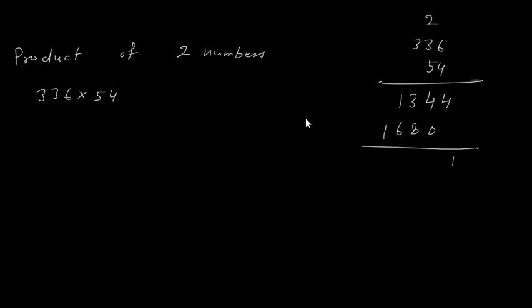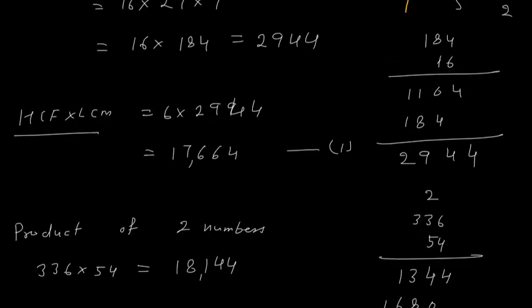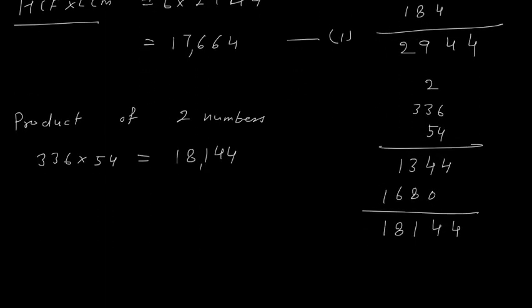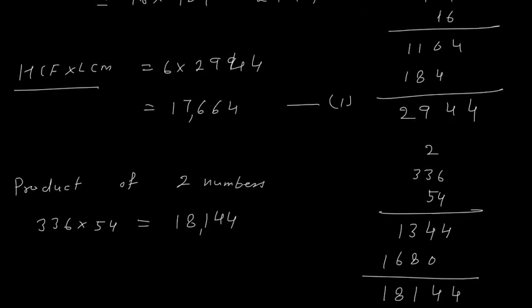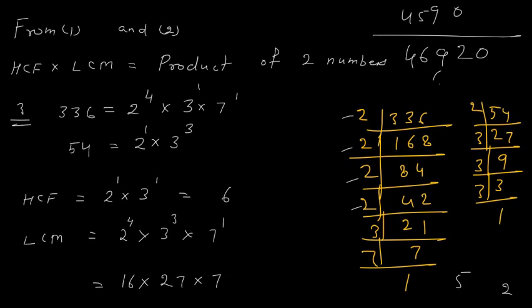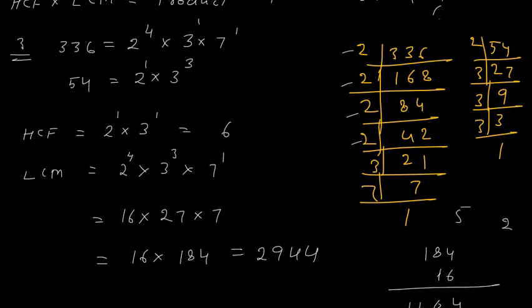Okay, so here I get 4, here I get 4, here 8 plus 3, 11, 6 plus 2, 8 and 1. So this is 18,144. What we got here? 17,664. Okay, so as we are not getting the same answer, that means somewhere we are making a mistake. Okay, let us figure it out.